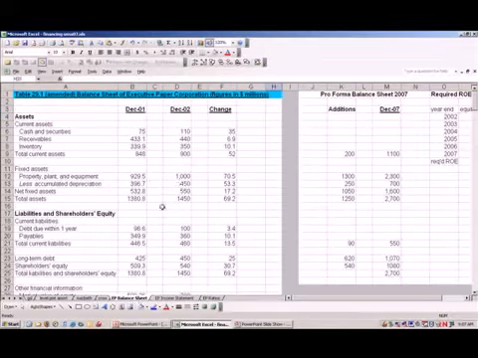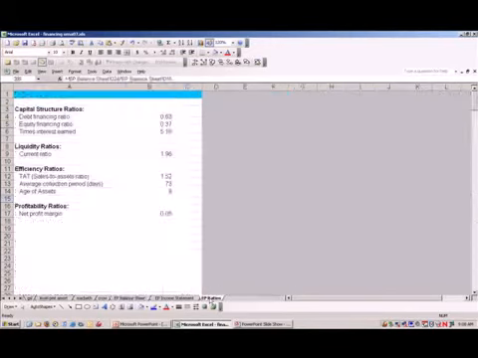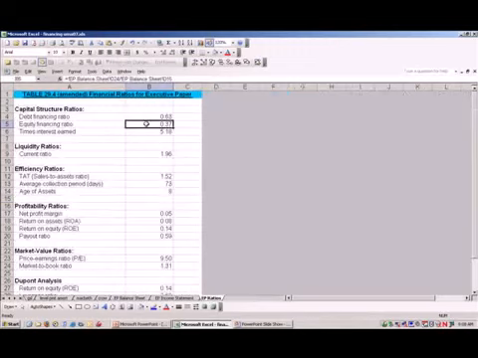You can see here that in cell D24 for 2002 we have shareholders' equity of $540 million. And in cell D15 we have the firm's assets of $1.4 billion. So the ratio of equity to assets here is 0.37.